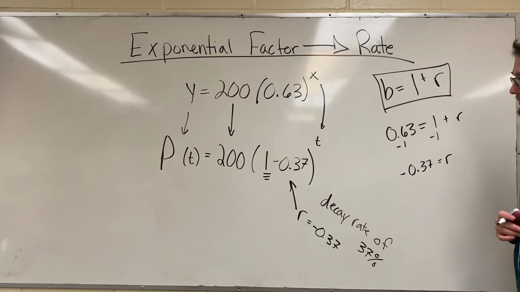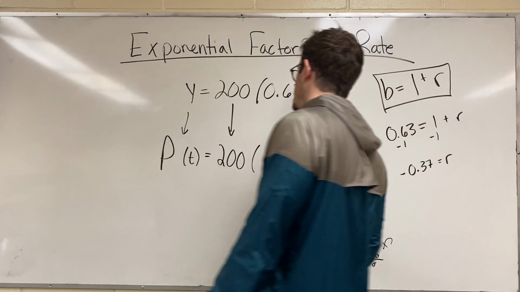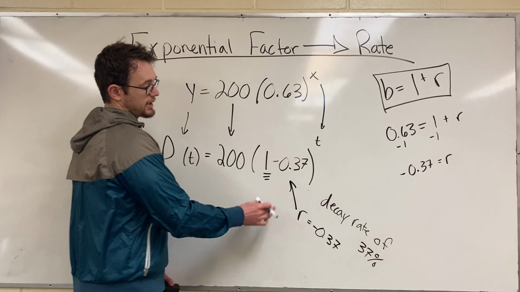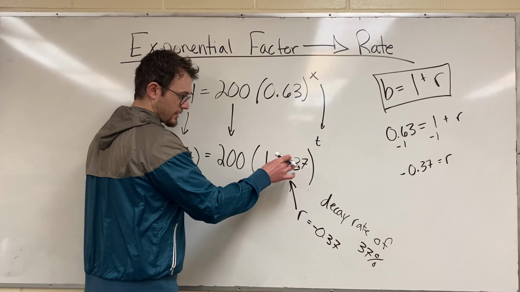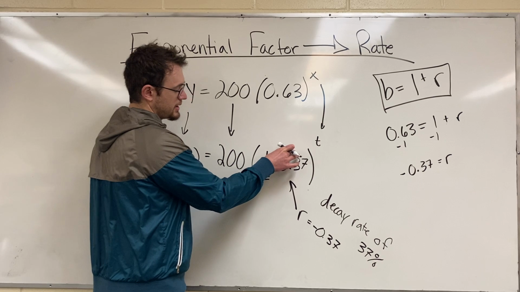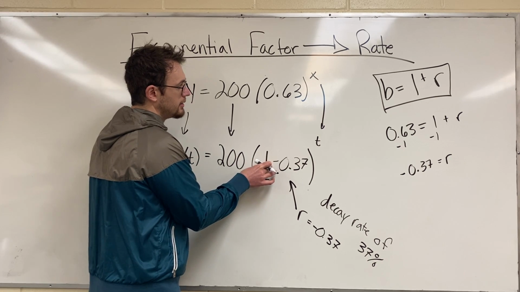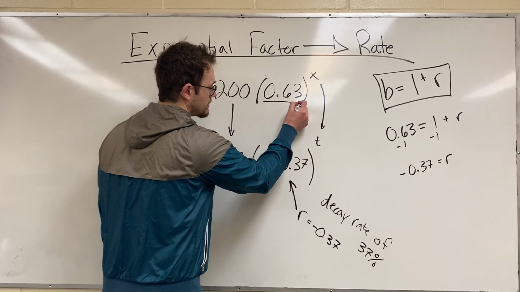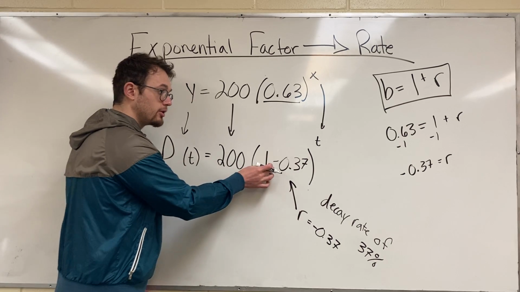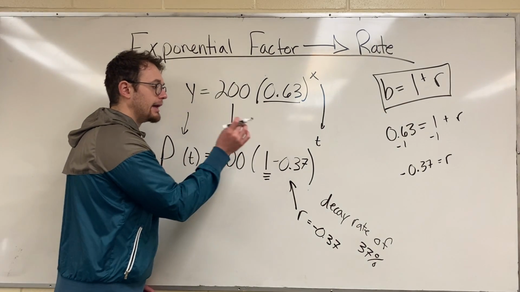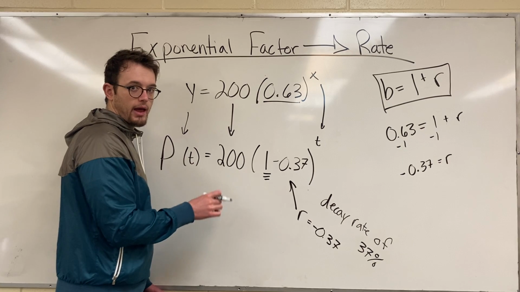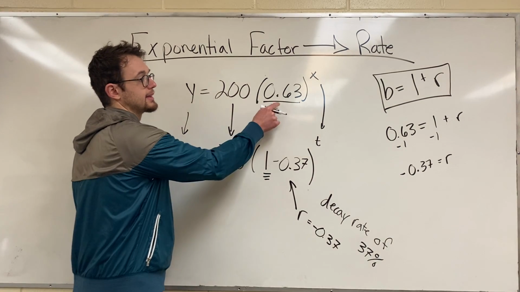Hopefully that helps my students. I know the hardest part with this, and once you get the hang of it, is realizing all this is what do I do to 1 to get this? Do I need to add something to 1, or do I need to take something away from 1? And what is it I'm adding or taking away to get that old number?